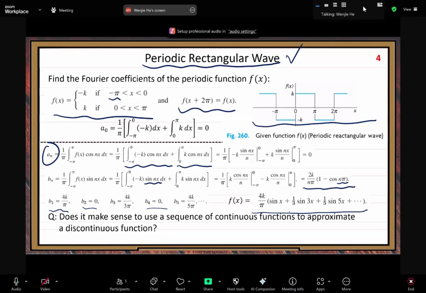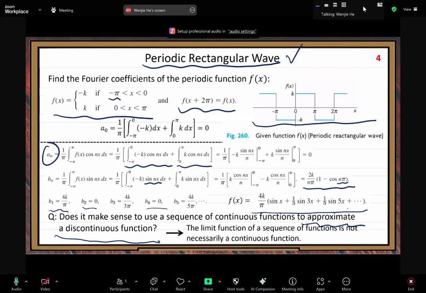We can see here. Does it make sense to use a sequence of continuous functions to approximate a discontinuous function? Yes. Let's look at it. Because here, although it is a sequence, we take infinite summation, right?